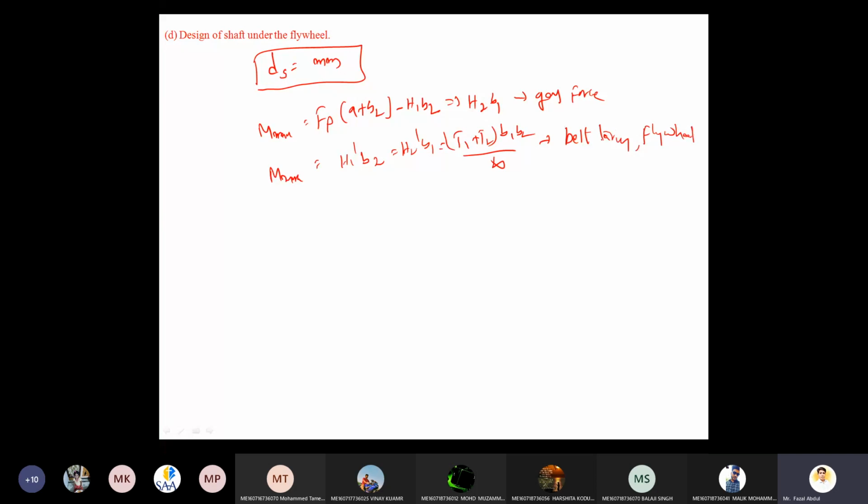So the maximum bending moment I calculated; I'm giving the numbers 1 and 2. The total is M1 plus M2.